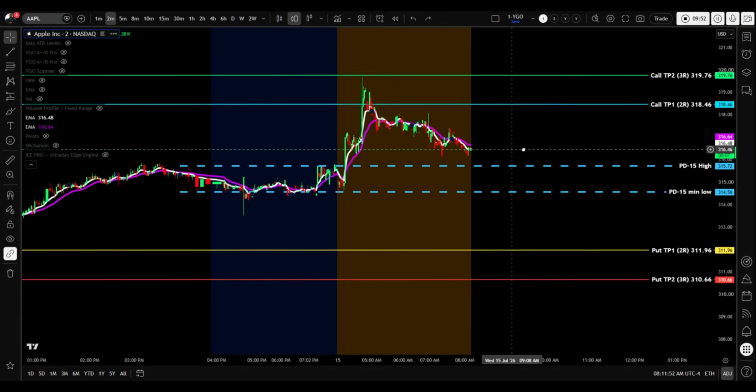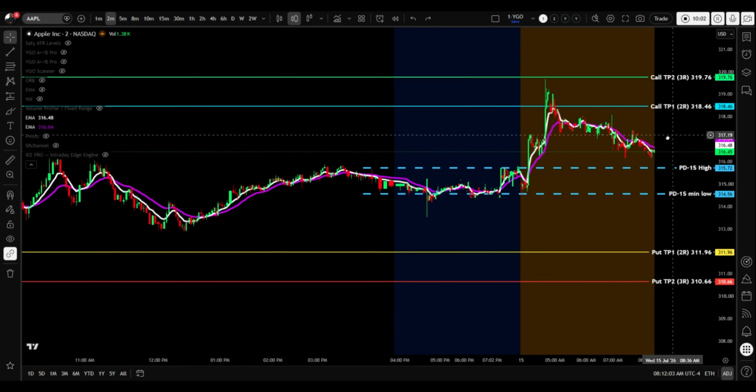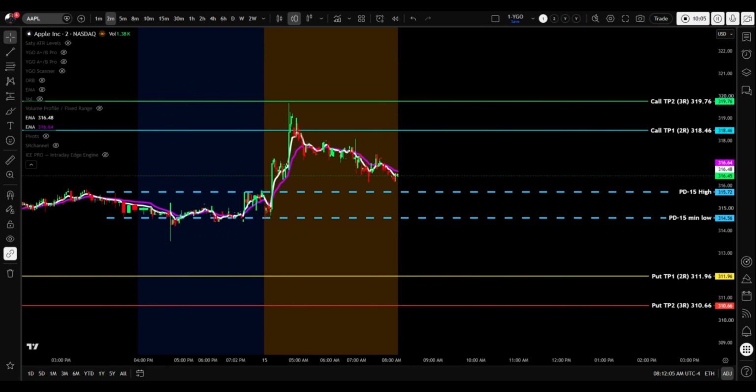So basically, if we were going here, I would need, say, this where it's closed, and then this one right here would be something I'd be looking for to go down, just as an example. So for puts, the plan is lose 314.56, break the open range low, retest, confirm with volume. Target is 311.96, then 310.66 on the continuation.